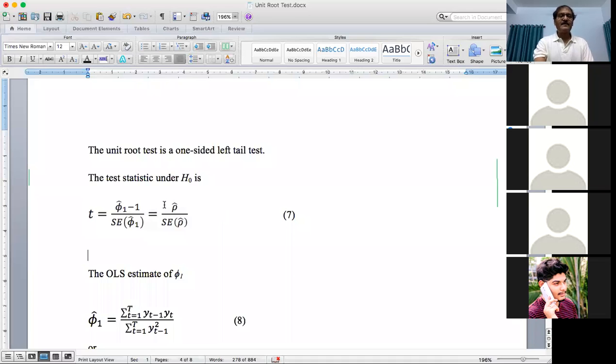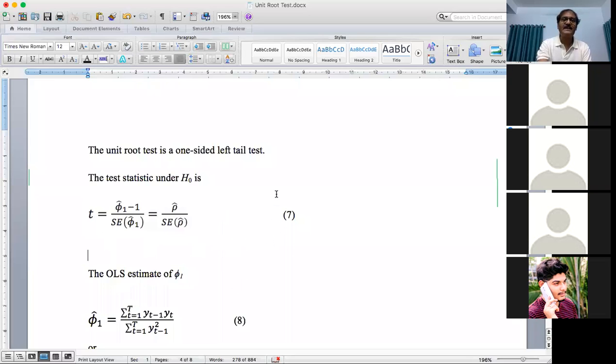Now, let us look at what would be the distribution in our case. In our case, the statistic is phi 1 hat, and on the basis of phi 1 hat, we have constructed the t statistic. The distribution of phi 1 hat depends on the distribution of epsilon t, the random disturbance. If we assume the random disturbance is distributed normally with mean value 0 and variance sigma square, in that case phi 1 hat will also be distributed normally, and its mean value will be phi 1.